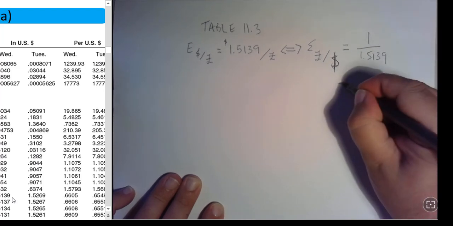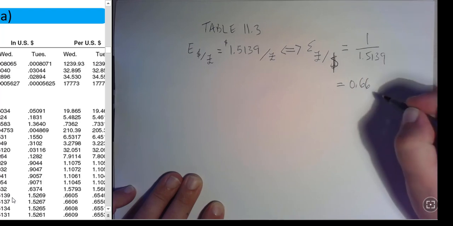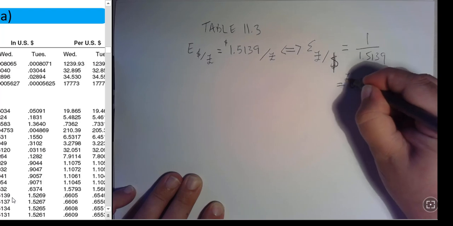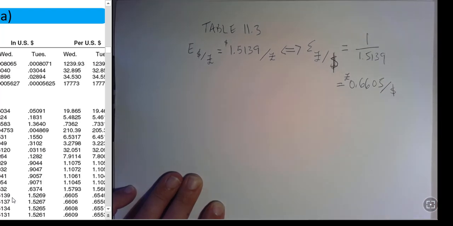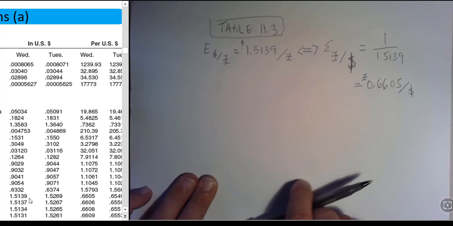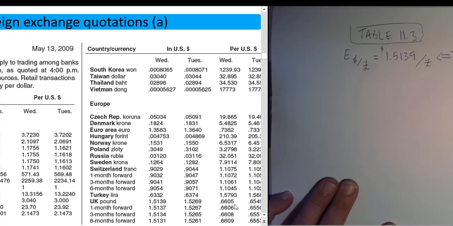And this gives you 0.6605. This is the number of pounds that you need to buy $1. Okay, coming from table 11.3. And that's the number you have over here, expressing how many pounds you get per US dollar.